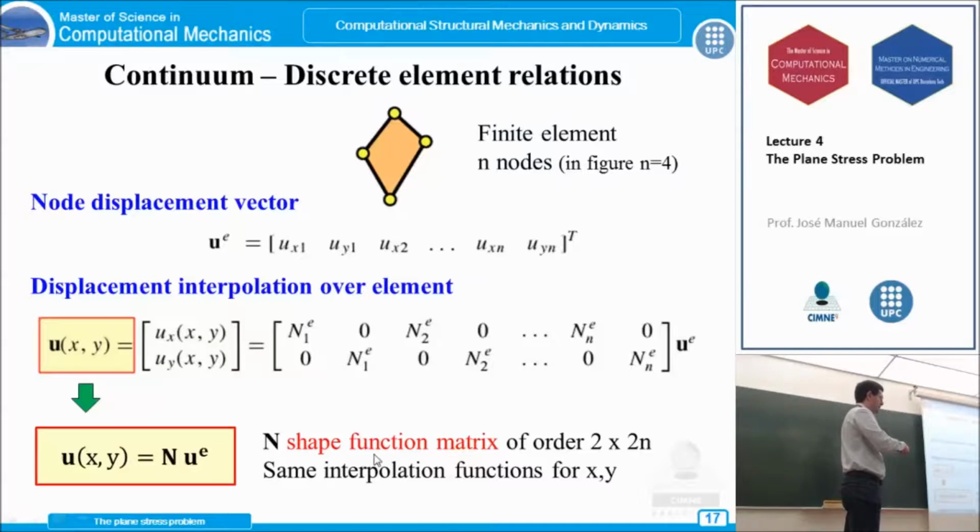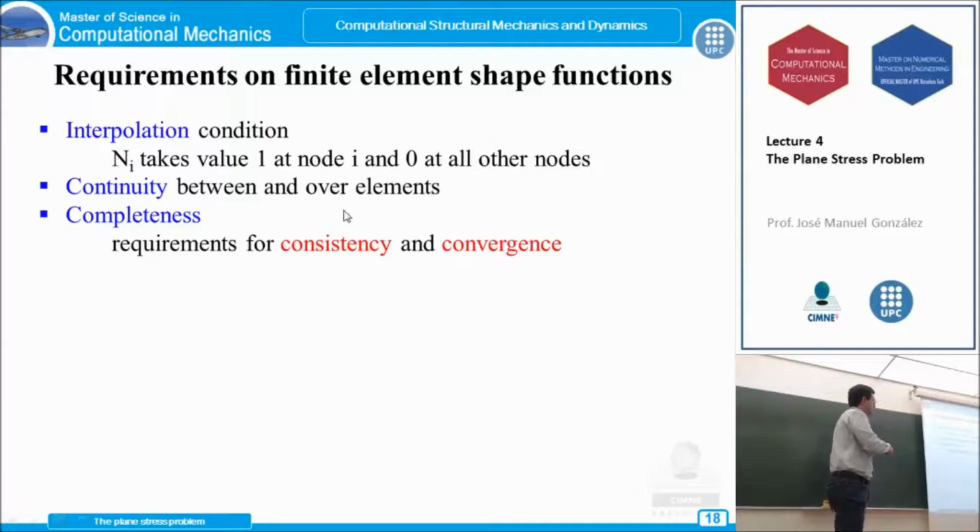We assume the interpolation for both components is the same. Usually x and y have the same interpolating functions, so we assume the same values for both. And these shape functions must accomplish some conditions.